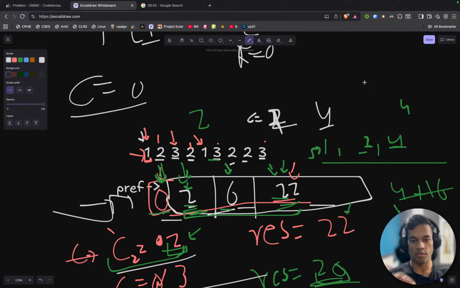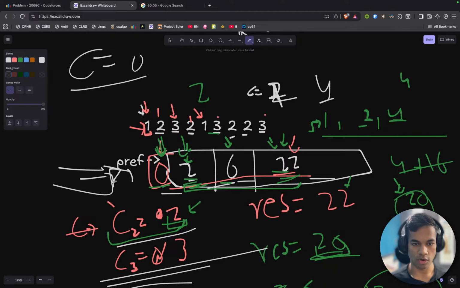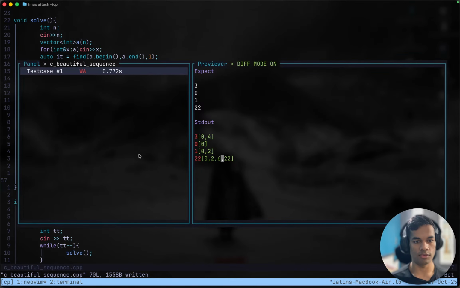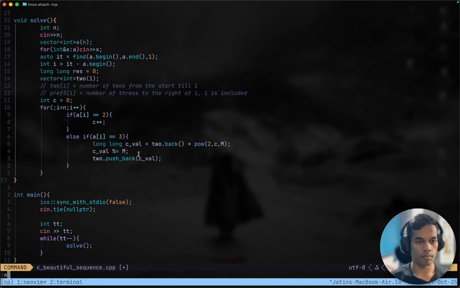Okay, we are right here. We can do this. We have this prefix already figured out, and we'll keep a counter of the number of threes we have seen and the number of twos that we have seen, starting from 1.